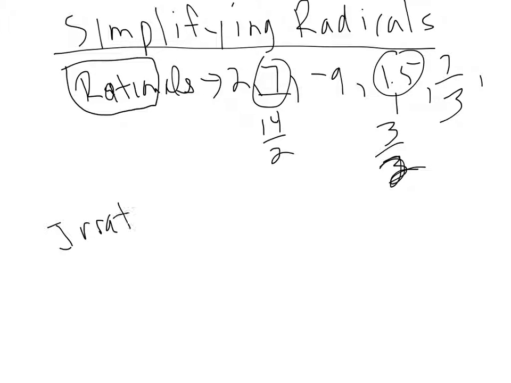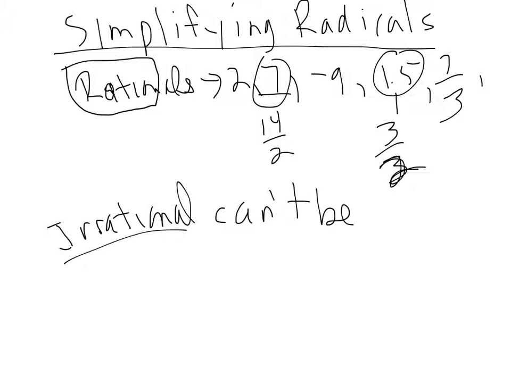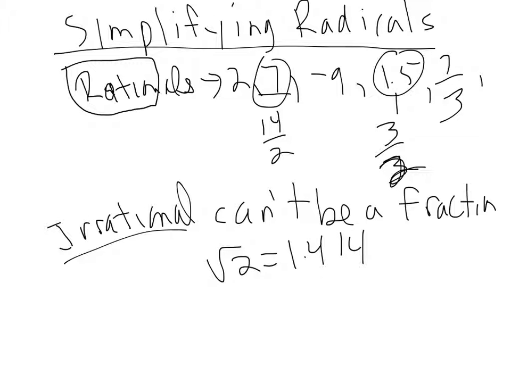Irrational numbers can't be a fraction. So things like square root of 2, which is 1.414 forever, or square root of 7, or the square root of 11, or the square root of any prime number for that matter.